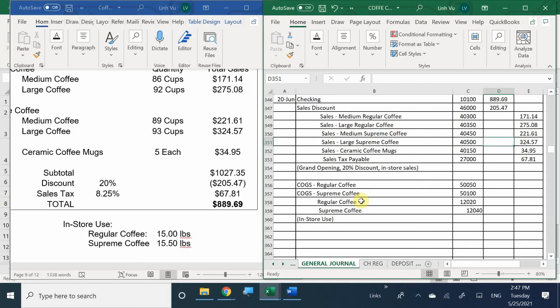So here, how many pounds of each did we sell or use? 15 regular and 15.5 of Supreme.